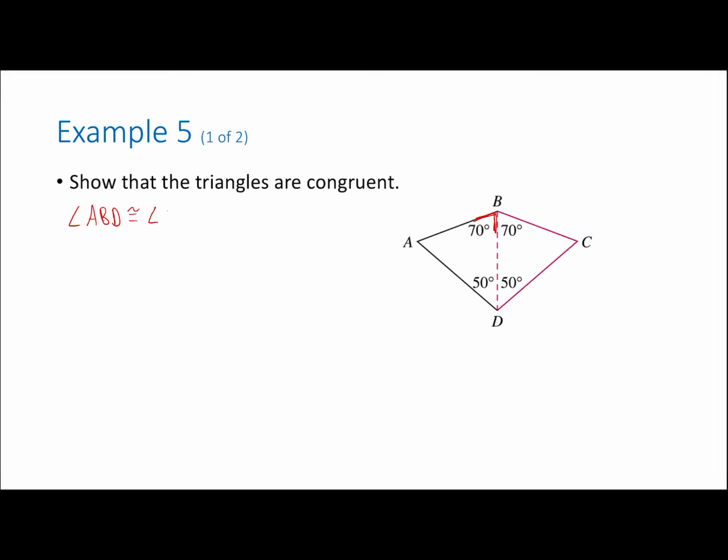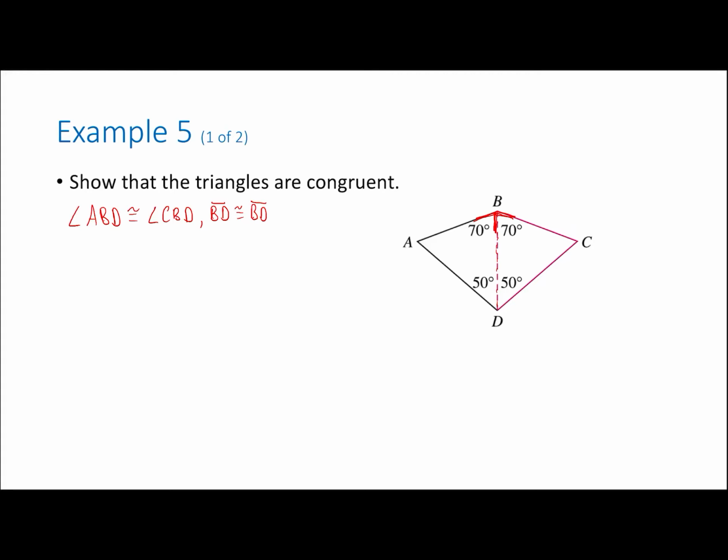When we look at these two triangles, the first thing that we notice, I hope, is that angle ABD, which is this angle, is congruent to angle CBD, which is this angle.